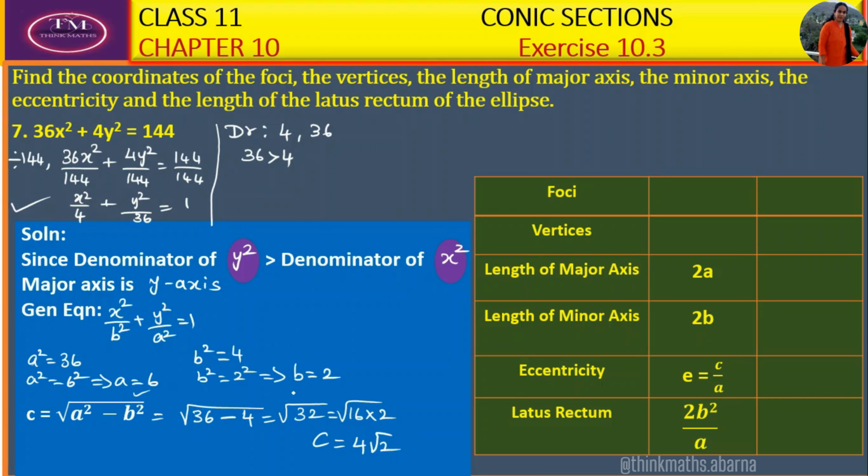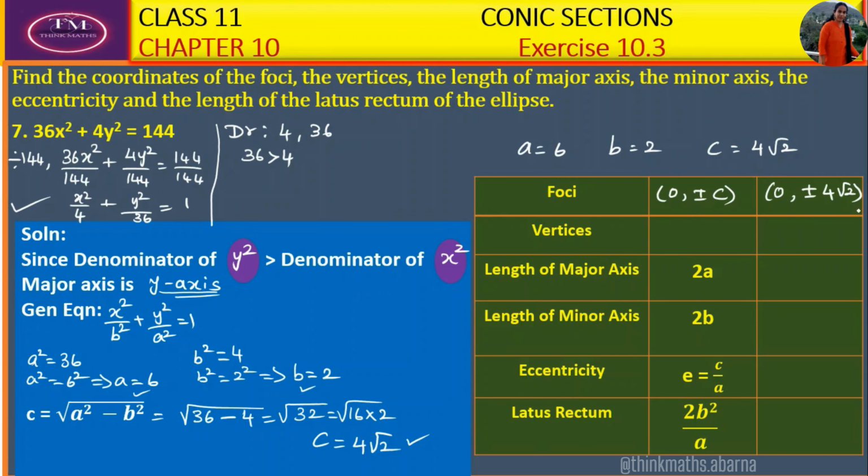So we got a, b and c. a is equal to 6, b is equal to 2 and c is equal to 4 root 2. Now what will be the focus? The major axis is the y axis. So the focus will be 0 comma plus or minus c. So it is 0 comma plus or minus 4 root 2.